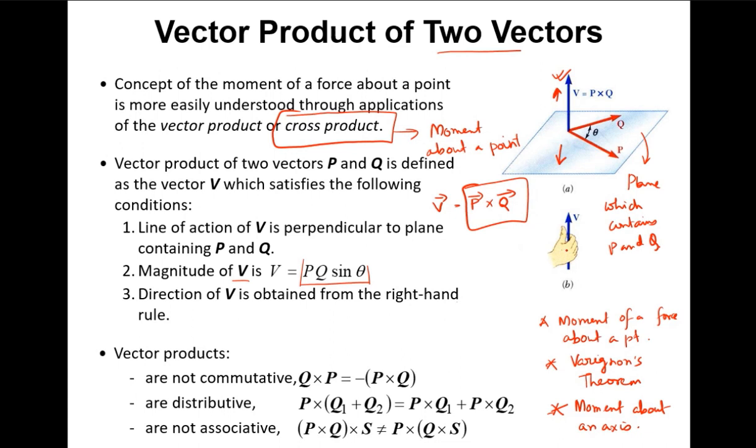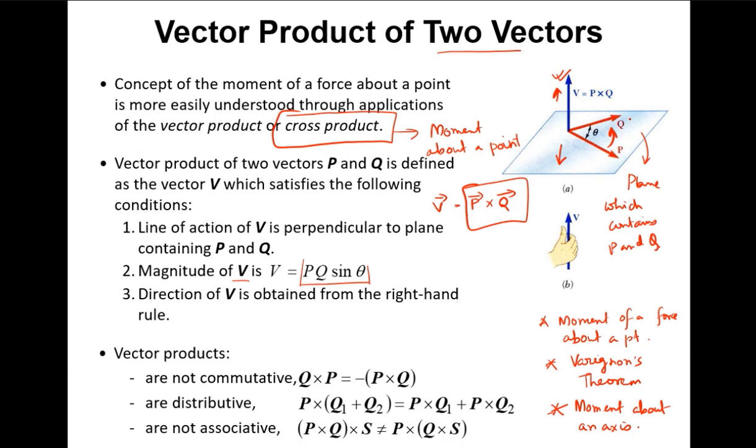What I'll just do is I will curl my fingers from P towards Q, and in that case my thumb will point upwards, right?